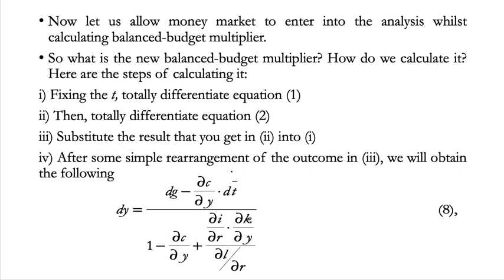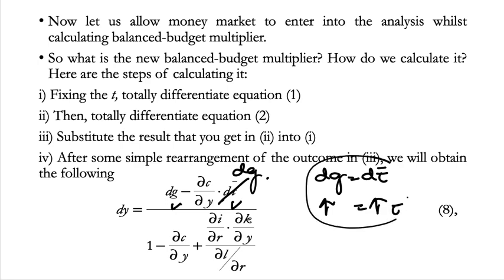So from 8 we can start to impose balanced budget, that is dG equals to dT. Because dG equals to dT, look here, so this is dG, this is dT. So instead of writing dT, I can write dG. Get me? Because the increase in G is fully financed by the same amount of increase in T. That's what it means here, balanced budget.